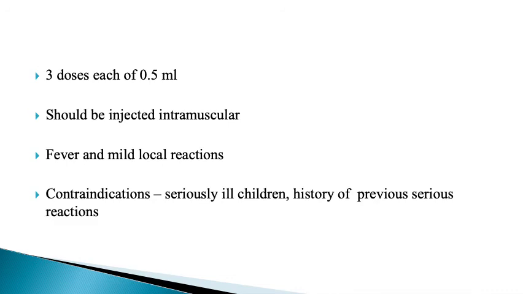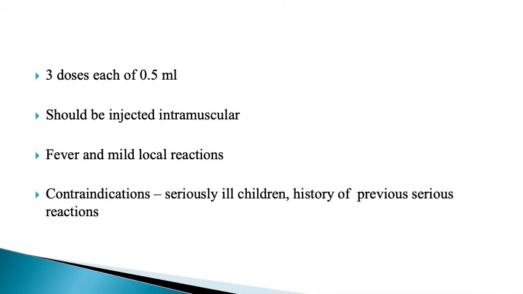And coming to the contraindications, minor illnesses are not considered contraindications, but DPT should not be repeated if a severe reaction has occurred in a previously given dose, or the child is seriously ill that he cannot be vaccinated. Otherwise, there are no further contraindications to it. And since the vaccine is important, it should be given.